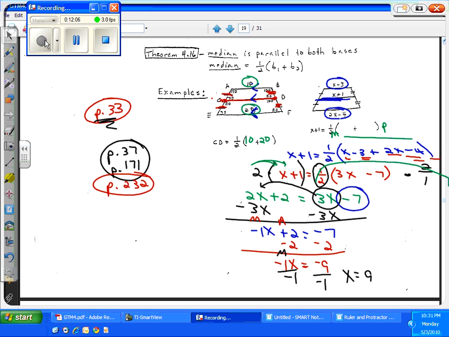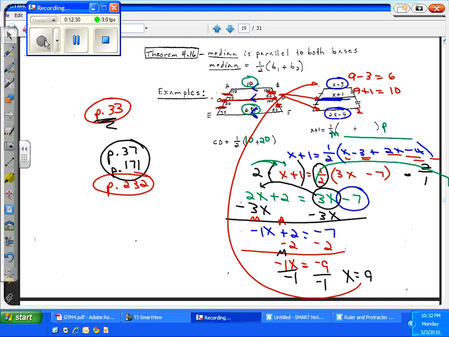Now we didn't find the median or the bases, we found x. To get the median and the bases, we need to plug that in. The upper base would be x minus 3, which is 9 minus 3, which is 6. The median would be x plus 1, which is 9 plus 1, which is 10.